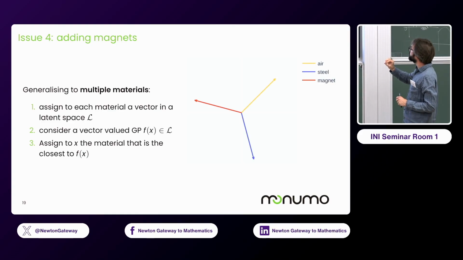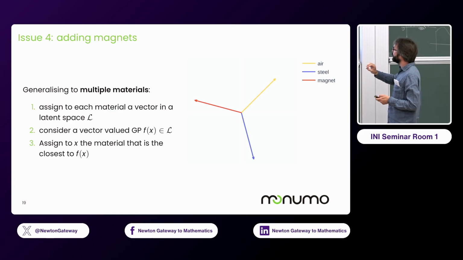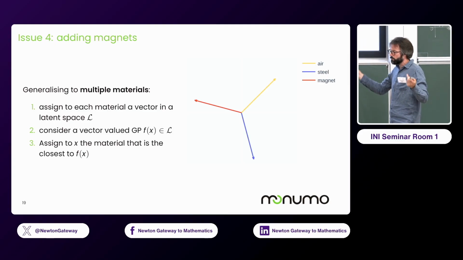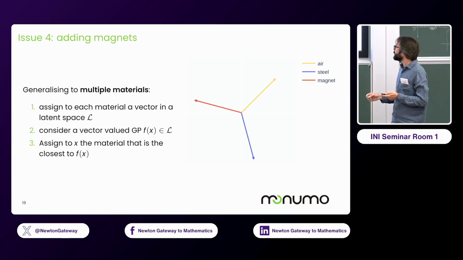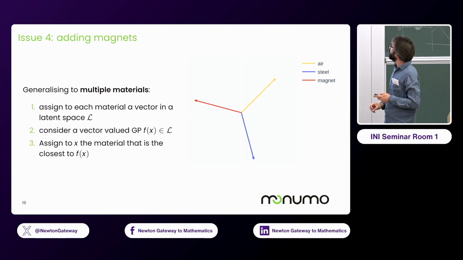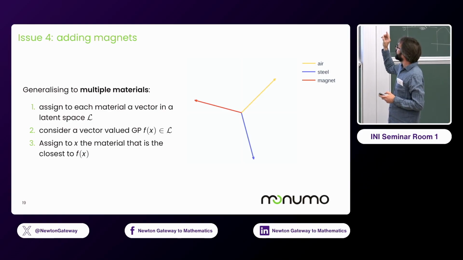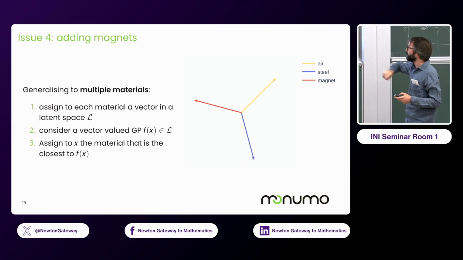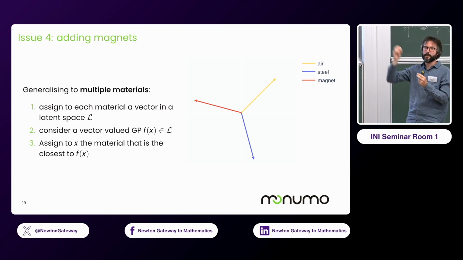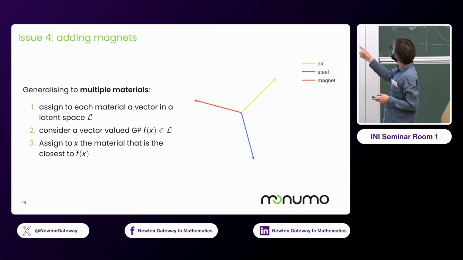So a nicer way to look at things is to consider a latent space for materials. We'll use an embedding space that in this case is going to be 2-dimensional, and to each material I'll assign a vector in this space. I'll call this vector the representer because, in a sense, it represents one material in the latent space.